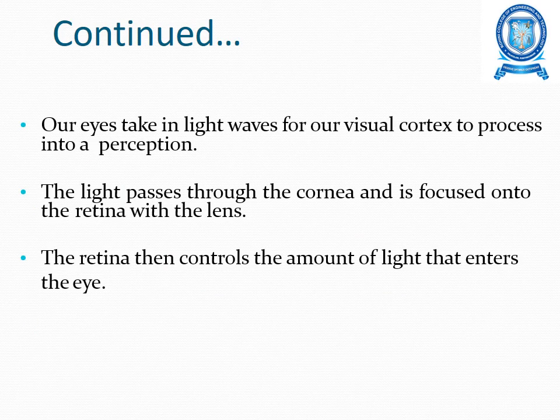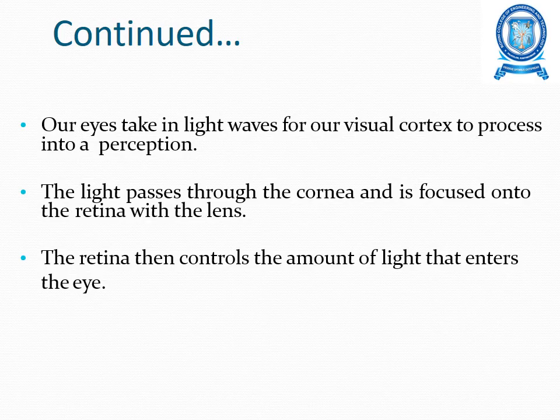We know that our eye takes the light waves for our visual cortex to process into one perception. The light passes through the cornea and is then focused onto the retina by the lens. At that time, the amount of light entering the eye is controlled.